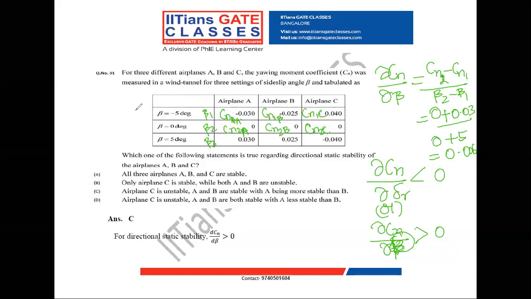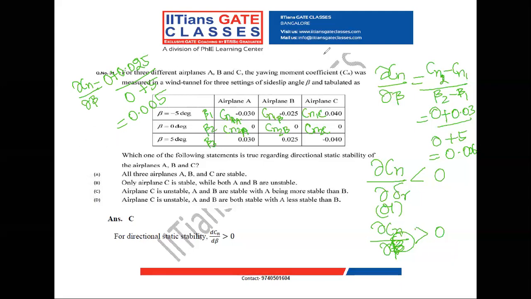Similarly, if you take airplane B and calculate Cn2 minus Cn1 over the beta difference, we get that airplane B is also stable.